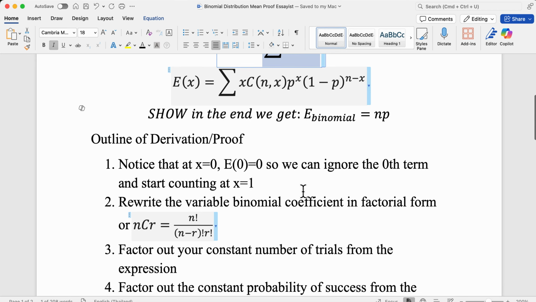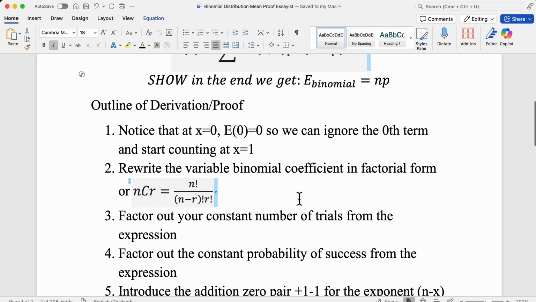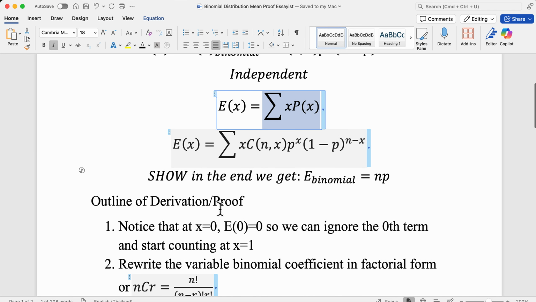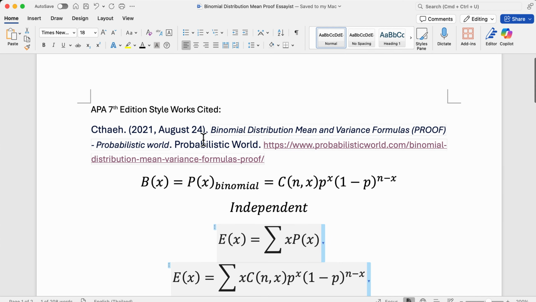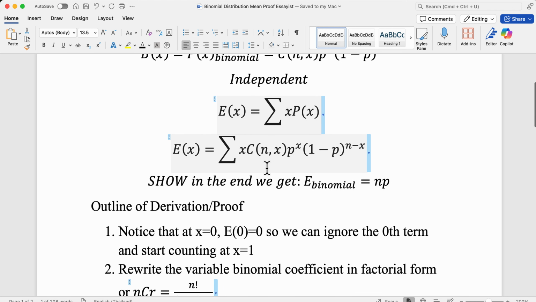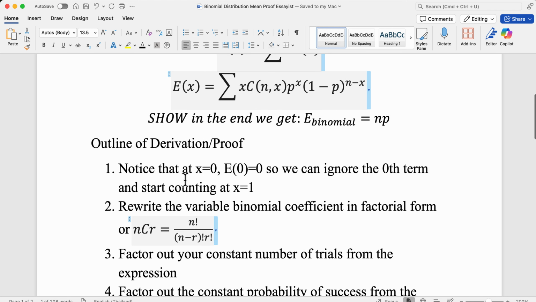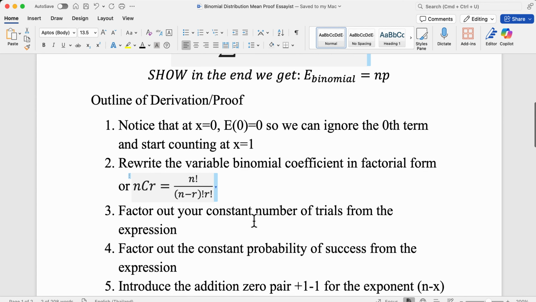So how do we get this formula? From an outline of steps that Probabilistic World kindly shows us in his blog post. Well, first off, we note the following. At x equals 0, the term equals 0, so we can ignore the 0th term, and so we start counting at the first term, x equals 1, and add up all the n minus 1 terms that are left there.